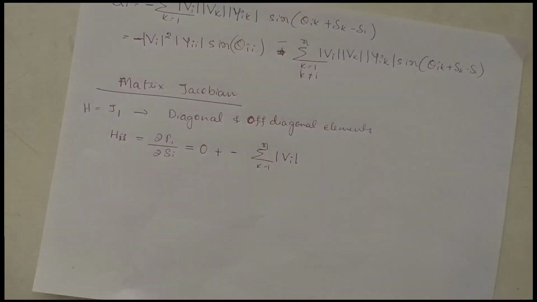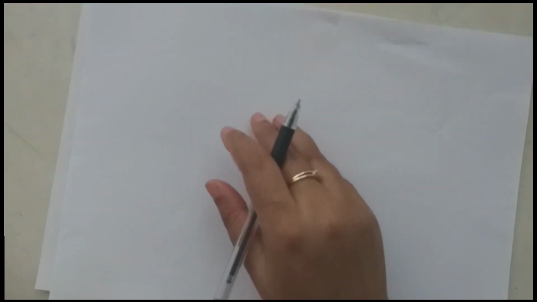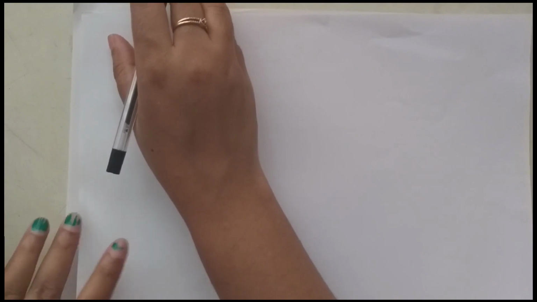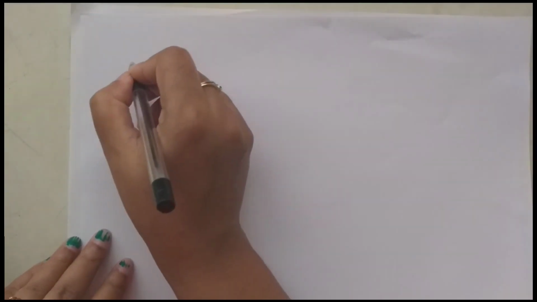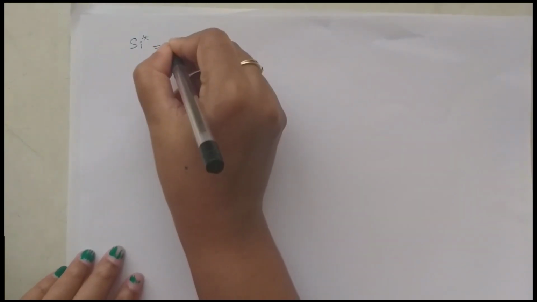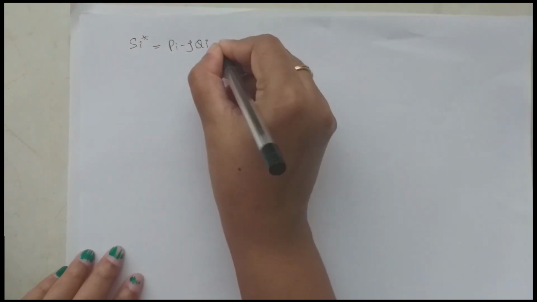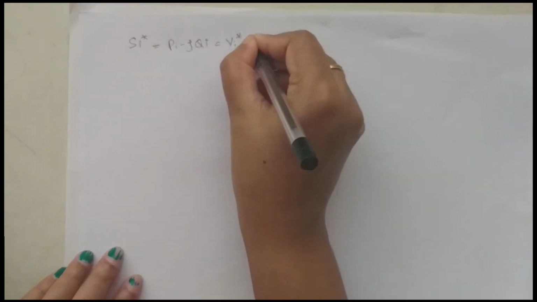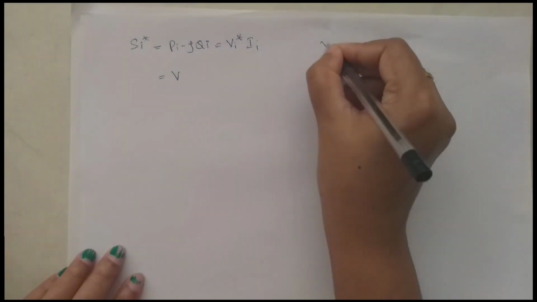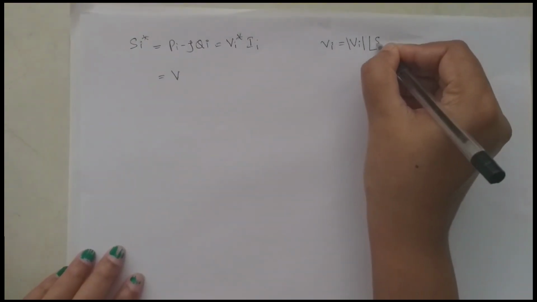So, let us derive what P and Q are. We know that the complex power conjugate Si conjugate is equal to Pi minus j Qi, which can be written as Vi conjugate Ii, where Vi is the magnitude of Vi at an angle delta i.